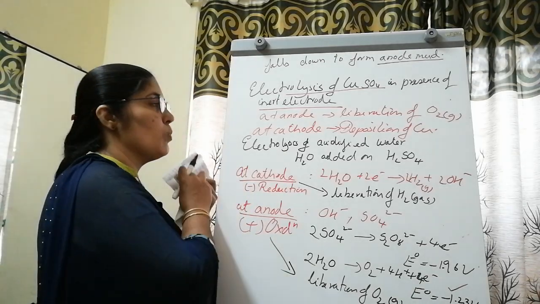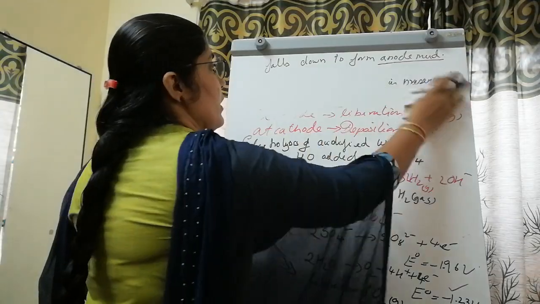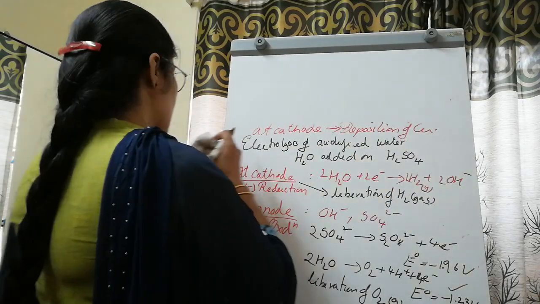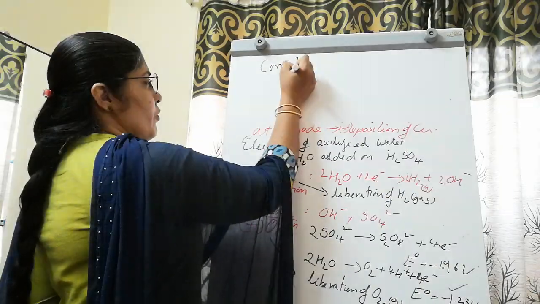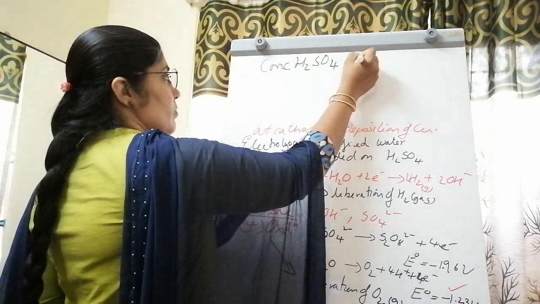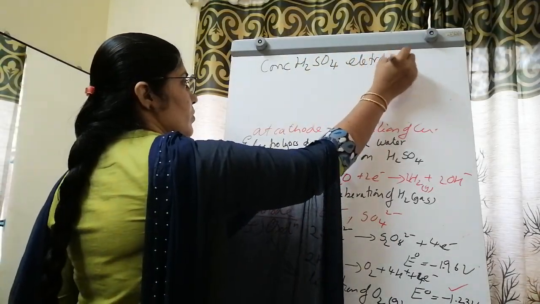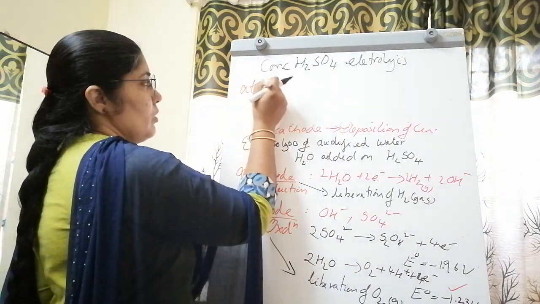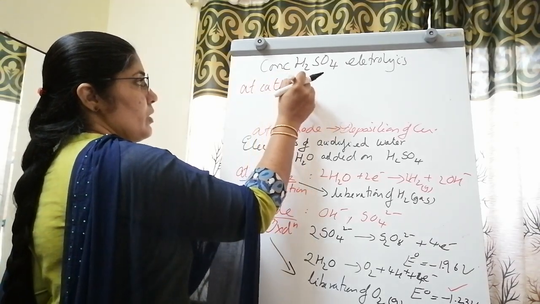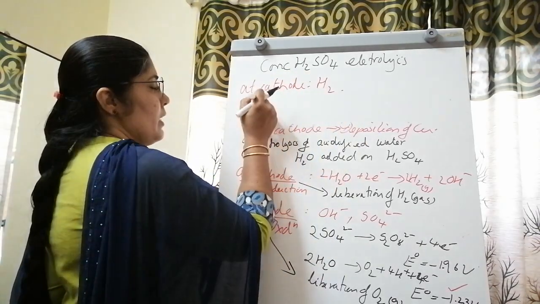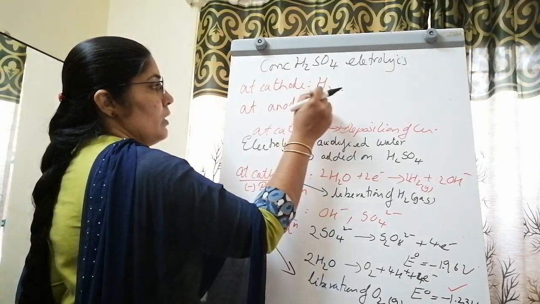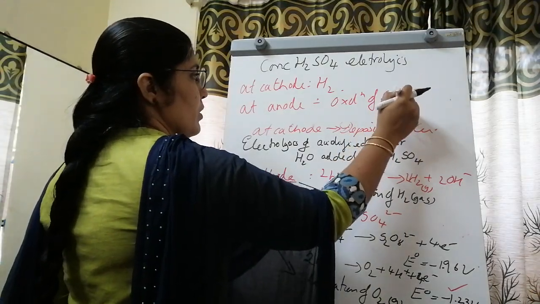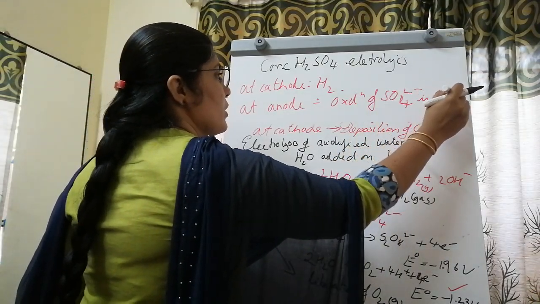But I would like you to write one thing here very clearly: if the solution is taken as concentrated, that is, we are taking concentrated sulfuric acid electrolysis, then at the cathode you will still be having the liberation of hydrogen gas, but at the anode this time the oxidation of sulfate is favored.